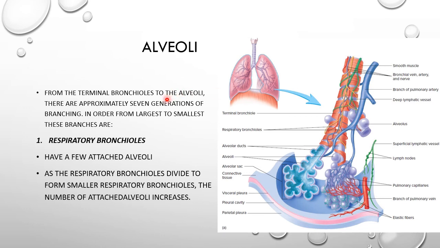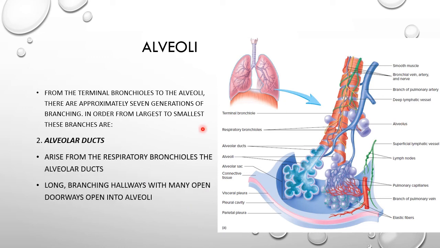So from the terminal bronchioles to the alveoli, there are approximately 7 generations of branching. In order from largest to smallest, respiratory bronchioles have few attached alveoli. And as the respiratory bronchioles divide to form smaller respiratory bronchioles, the number of attached alveoli also increases.